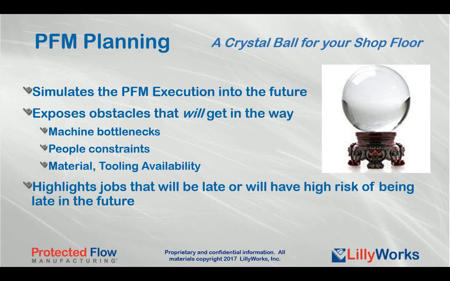It will also show you where you are likely to run into obstacles such as machine bottlenecks, people constraints, material and tooling availability. As the name states, the predictor predicts when each operation on every job will start and finish, highlighting those that will be late or those that will have a high risk of being late.